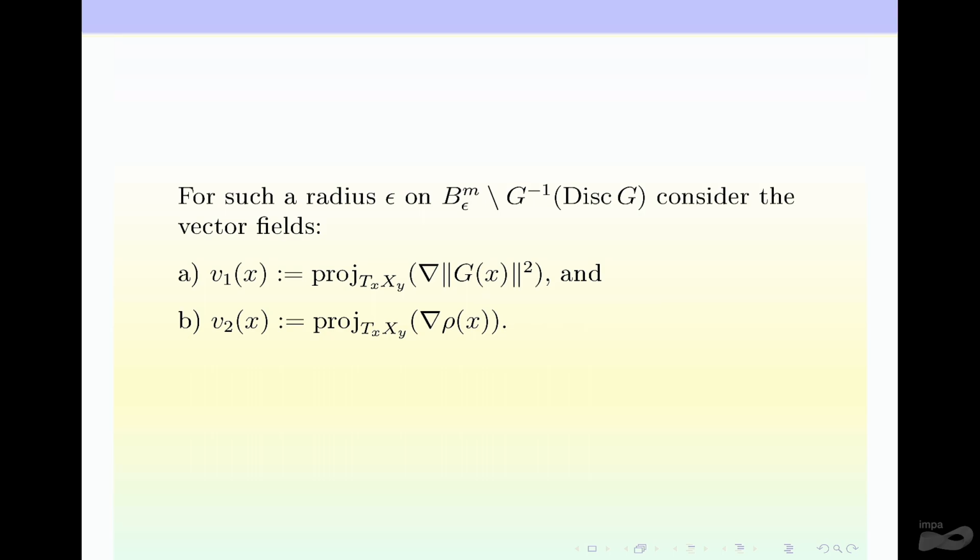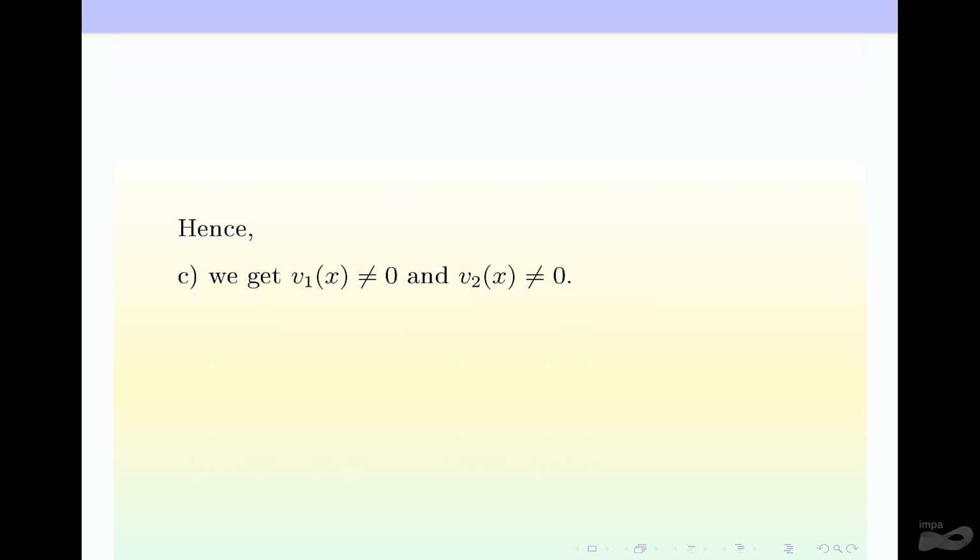That's the idea to construct these two vector fields. And the point is that if you assume that your function is regular, these two vector fields must be non-zero. There is no singularity for such a vector field.